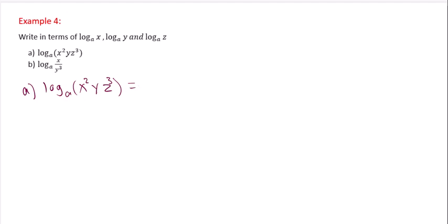The first one will be log base a of x squared, and then plus. The second one will be log to base a of y. Okay, and the third one will be log to base a of z to the power 3.